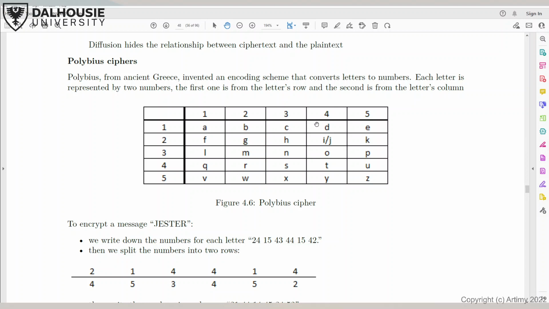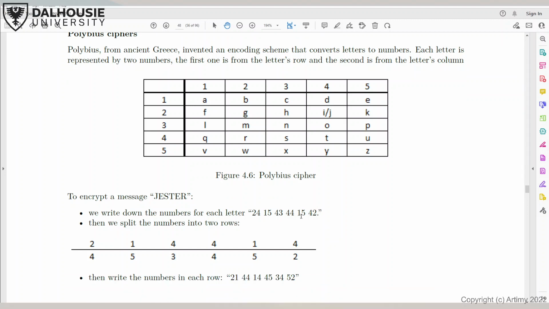So that's 24 to represent J. So now I substituted a letter with a number, right? E is here, so now we can substitute it with 15. S is 43, and T is 44, and so on. So I replaced the word JESTER with this sequence of numbers. So that's substitution. And then we do transposition.